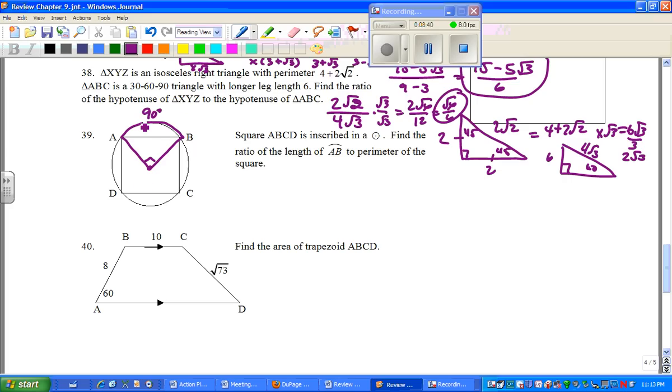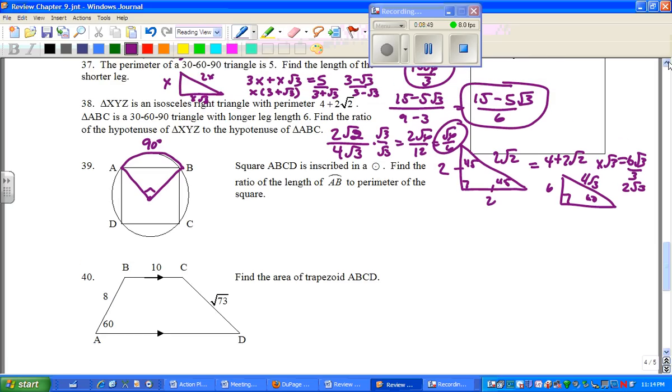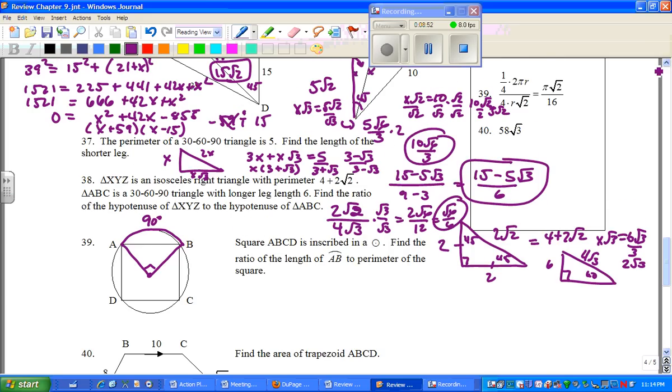There are no numbers for the perimeter of the square, so we can figure out that the arc length is 2 pi r times 1/4, and the perimeter is 4 times the radius root 2, because if the radius is x, this hypotenuse side is x root 2.